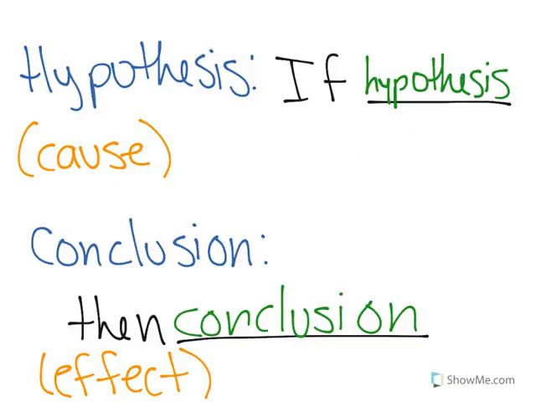I wrote it here: if, hypothesis, then, conclusion. You could also think of it as cause and effect. If it rains, that is the cause, and the effect is that I don't go outside, I stay inside. So the hypothesis could be thought of as the cause and the conclusion as the effect.